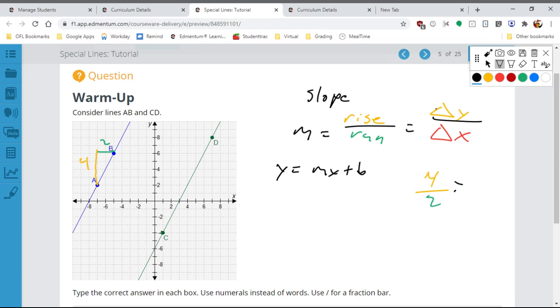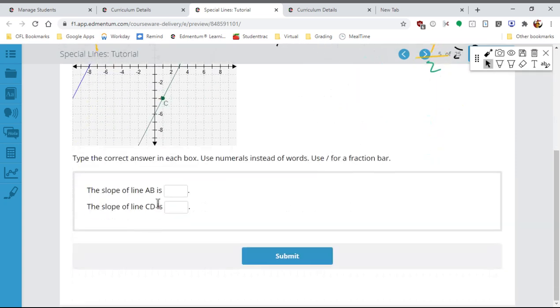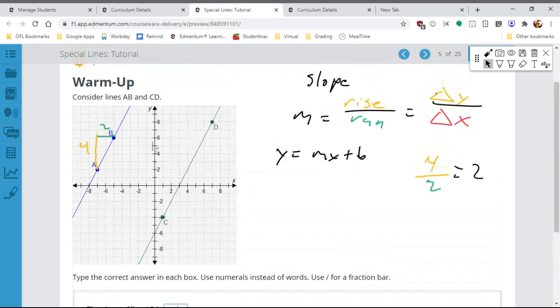Or in other words, 2. So our slope for AB is 2. I'm going to scroll down here. I'm going to put in a little 2. Next, I'm going to do this one. So this one, I'm starting off at -4. I go up 4, and then I'm going to go up another 8. So in total, I went up 12.